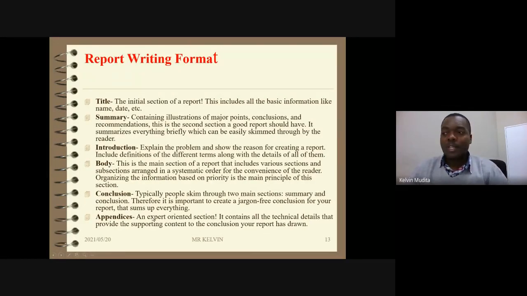Appendices are simply attachments. These are the technical documents. Like if you were explaining financials, you are giving a report on financials, your appendices should attach those financial statements, like your income statement, your balance sheet, your cash flow statement, your changes in equity, your shareholder structure.